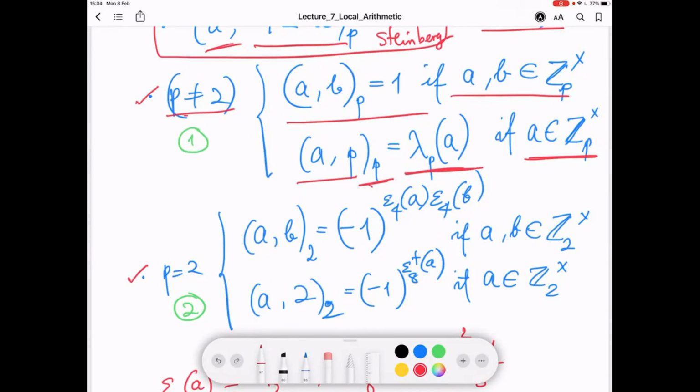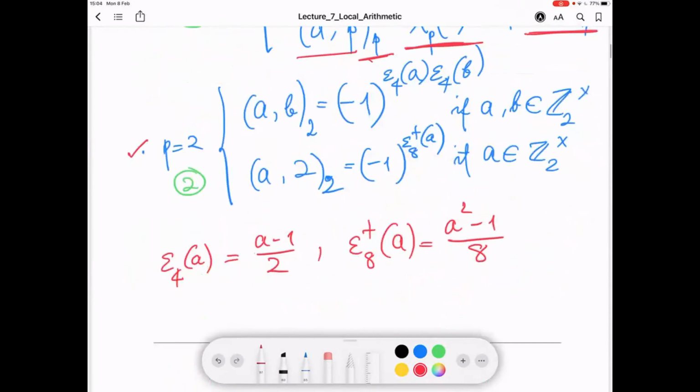So by multiplicativity, these two cases suffice to compute (A, B)_P for all A, B in Q_P star instead of just Z_P star, right? These two combined allow you to compute (A, B)_P, the Hilbert symbol, for all A and B in Q_P star.